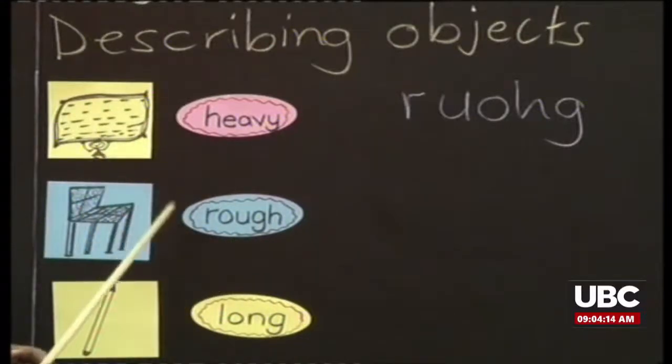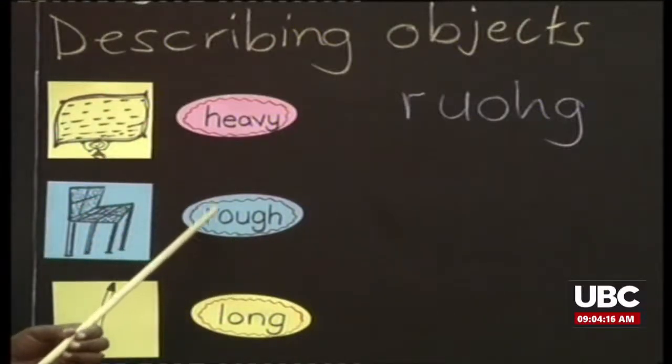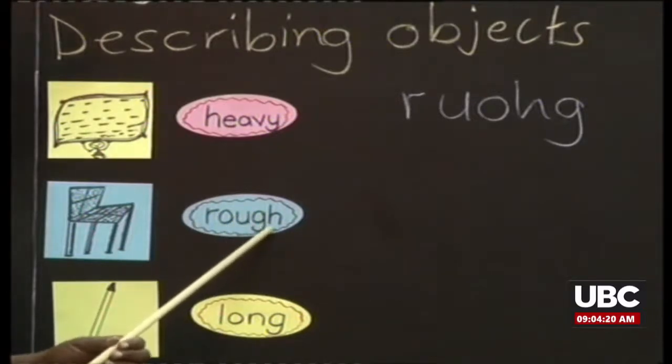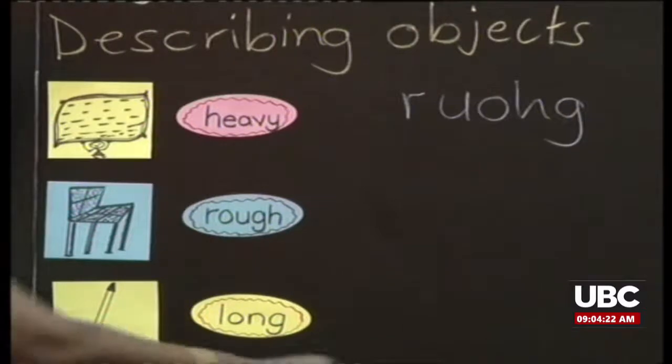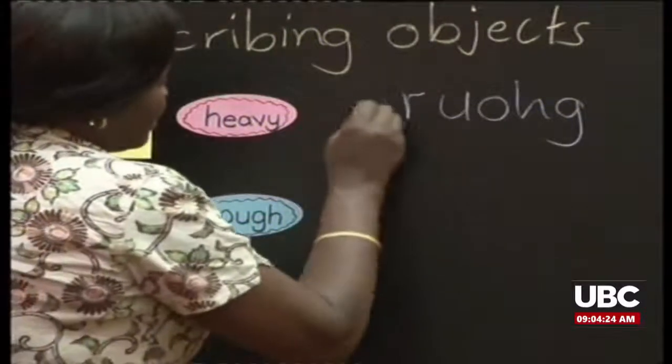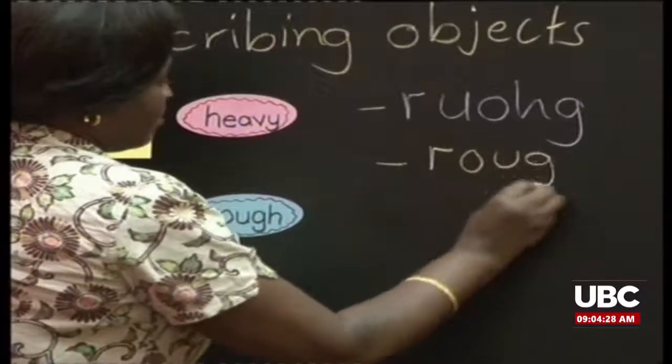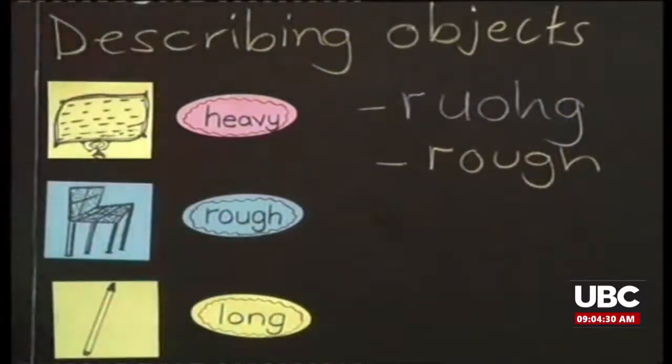So the word is rough, R-O-U-G-H. So let's write our word correctly. It's not necessary that the teacher will begin with the first word. She can mix them up, but you should be able to learn the spellings.